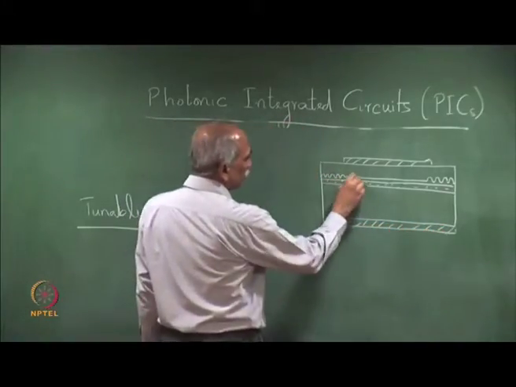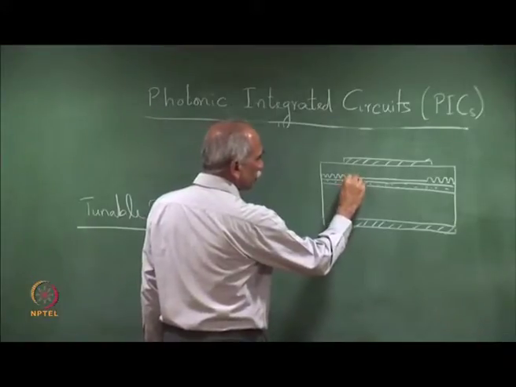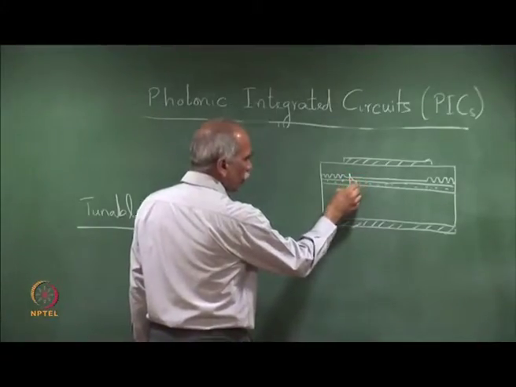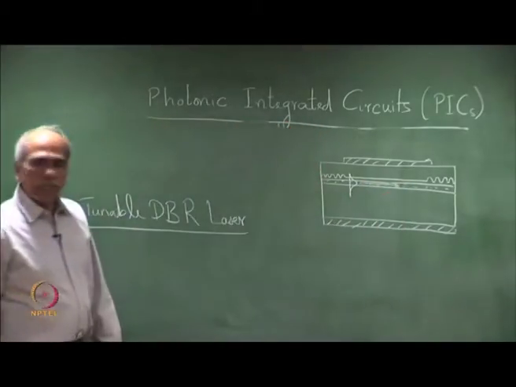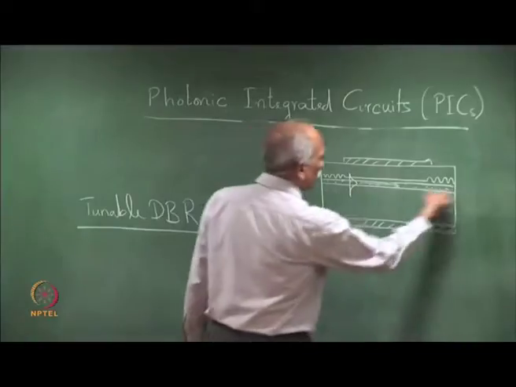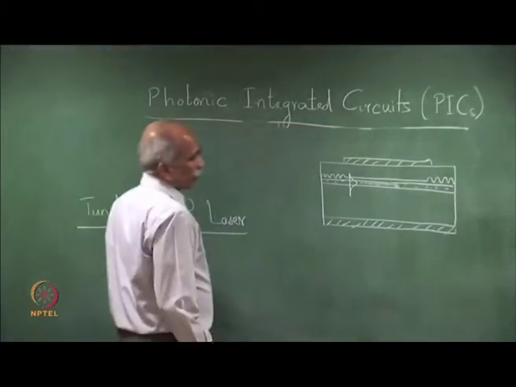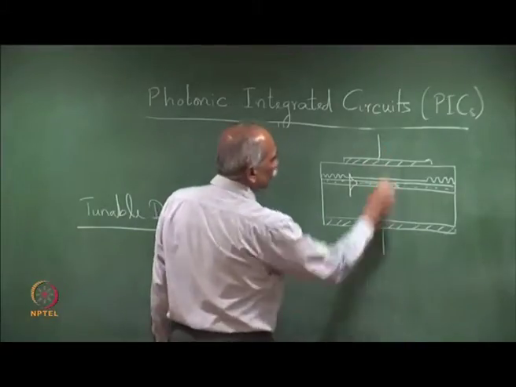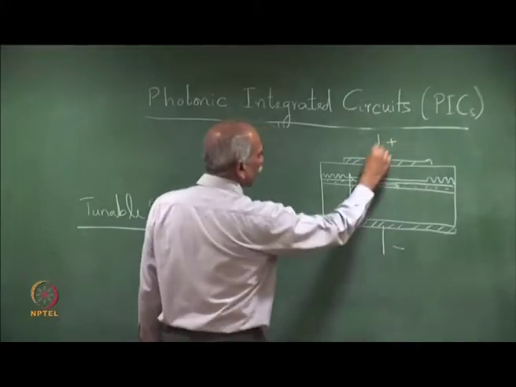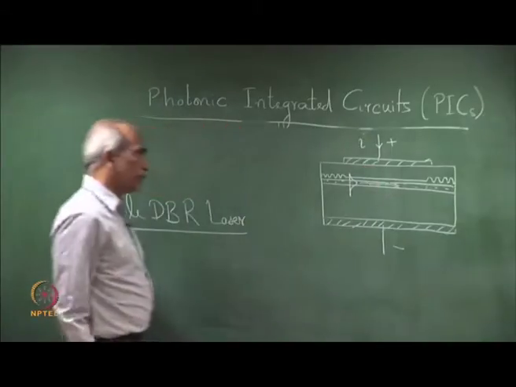So, the gain region, so here is the optical mode which propagates along the double heterostructure here, and these are the electrodes, say plus and minus, a current I is flowing through this.